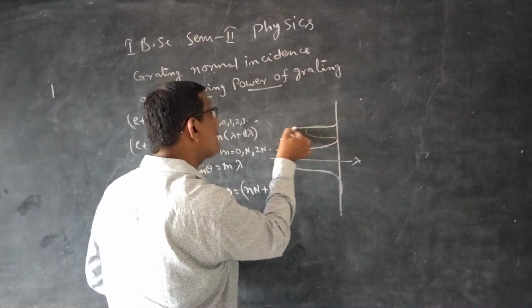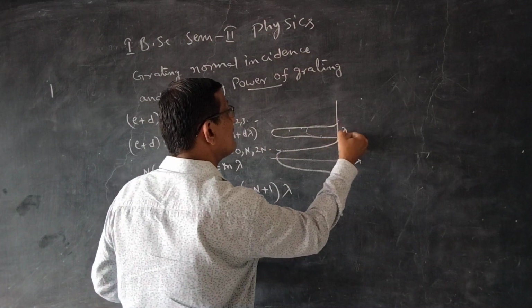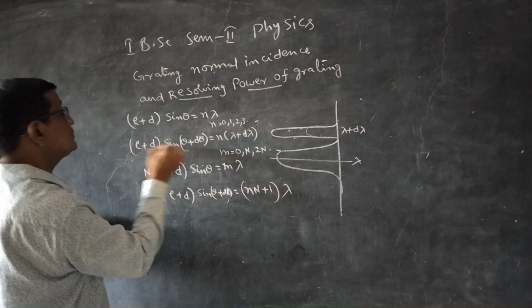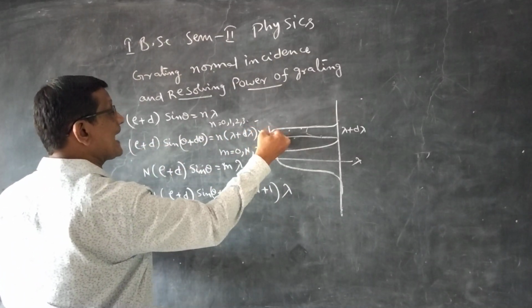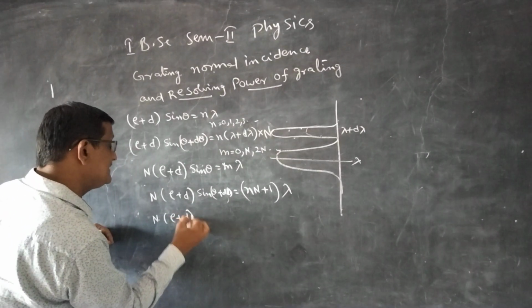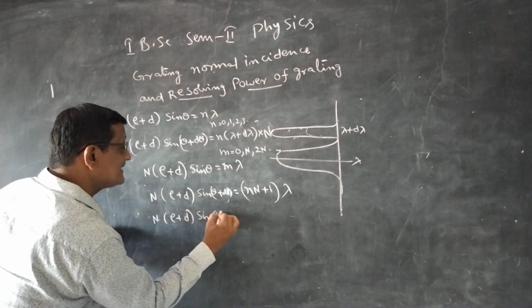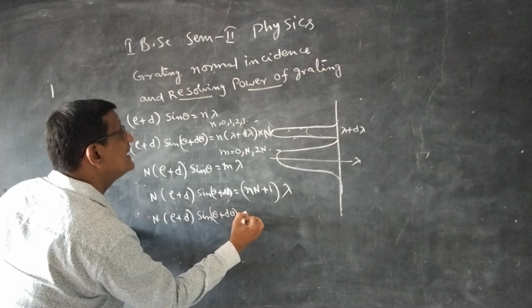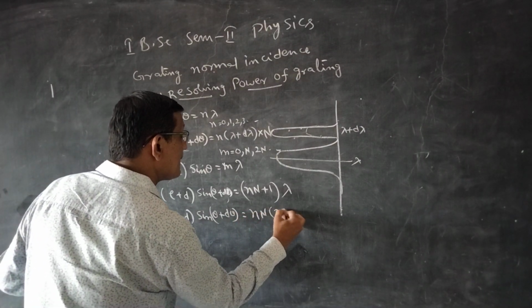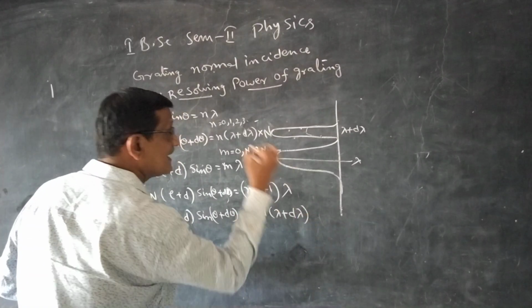It should become the primary maximum of the second line having wavelength lambda plus d lambda. Now, suppose we multiply this equation by capital N. Then capital N into (e + d) sin (theta plus d theta) is equal to n (lambda plus d lambda).